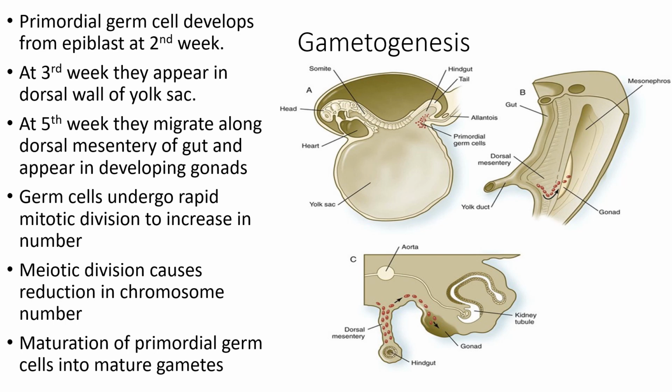Okay, so these gametes develop from the primordial germ cells. At second week of intrauterine life, the primordial germ cells develop from epiblast. We know that the trilaminar germ disc has epiblast, intraembryonic mesoderm, and the hypoblast.